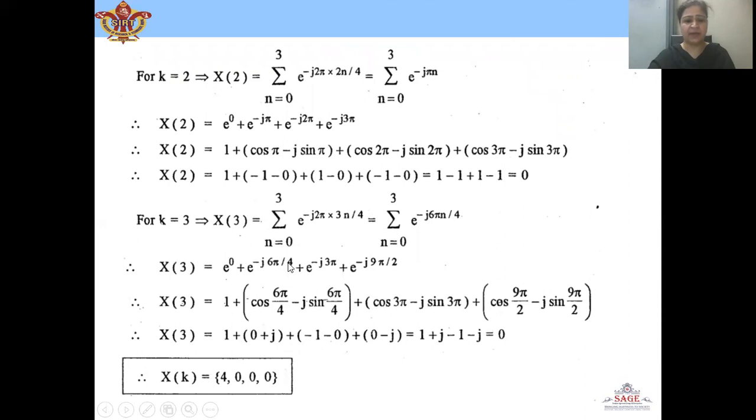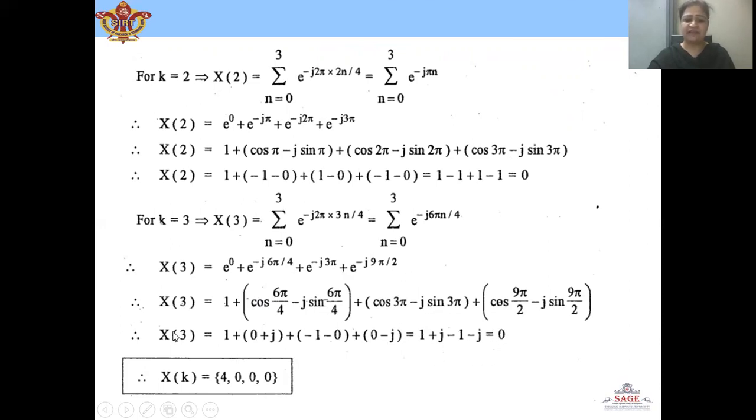Instead of e to the power minus j 6 pi by 4, I'll write cos 6 pi by 4 minus j sine 6 pi by 4. Similarly, for this term I'll write Euler's formula, and for this term I'll use Euler's formula again. And here I'll get j. For this, I'll get minus 1. And for this, I'll get minus j. After solving, the value is 0.